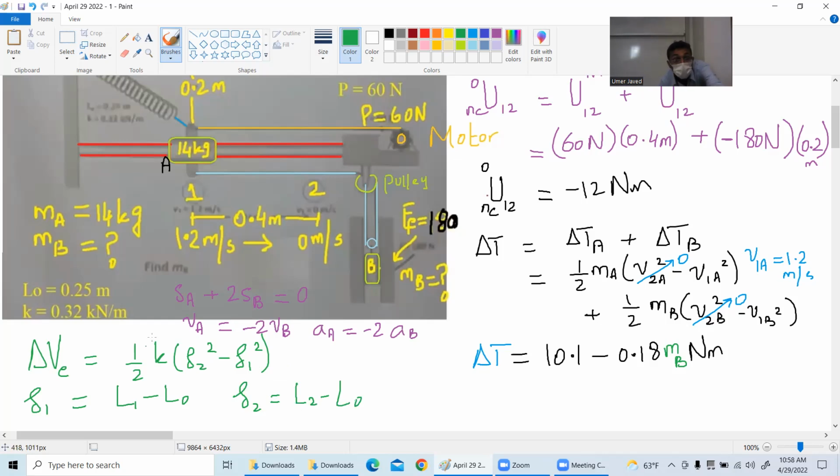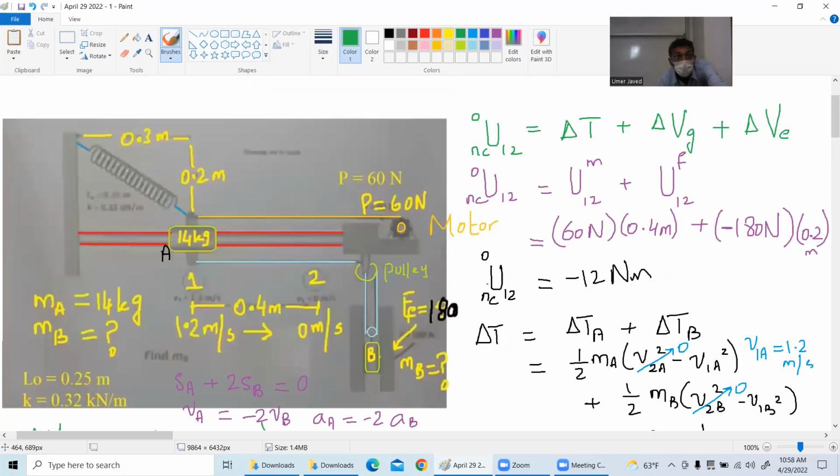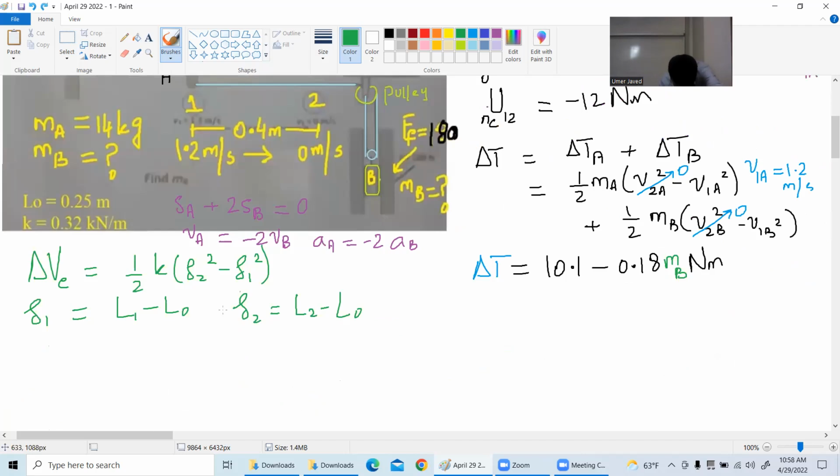This one is easy because you can all observe that initially when the spring is sitting, its length is square root of 0.3 square plus 0.2 square. Do it. How many students agree? 0.36. Thank you. 0.36 is right.